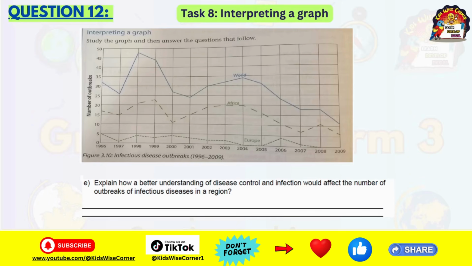So better disease control knowledge means communities prevent infections. They learn the risks.